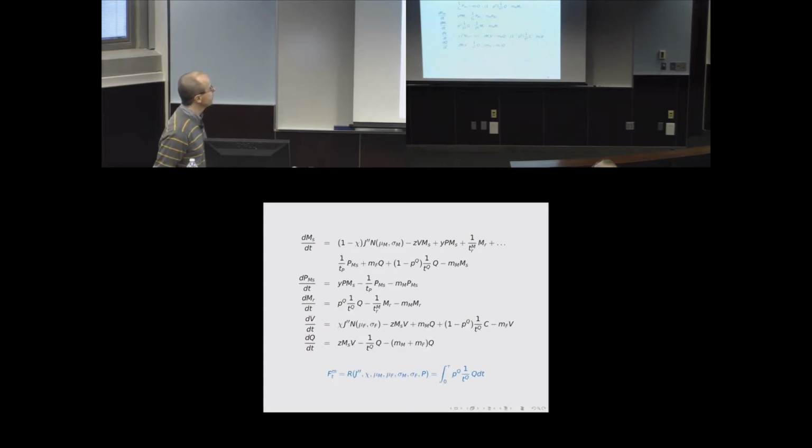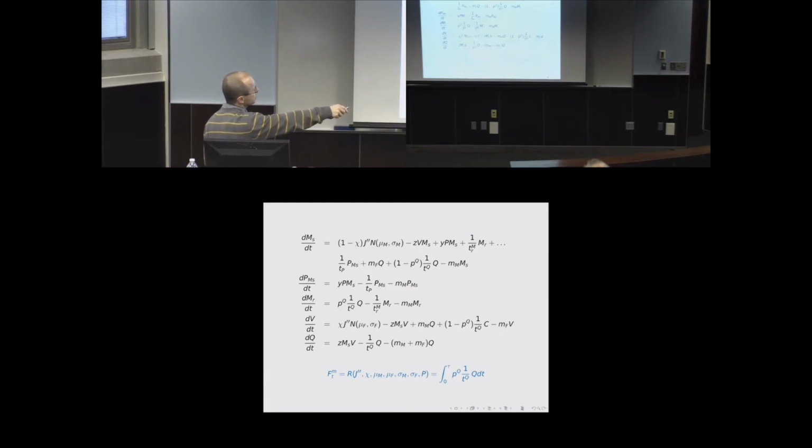I will not go into details, but for each class we have one equation. This equation contains here the term for eclosion of virgin females and males. Here are the terms for mating. Here is the mating between virgin females and males. Here should be minus, I'm sorry.